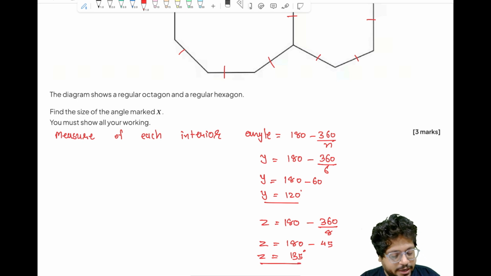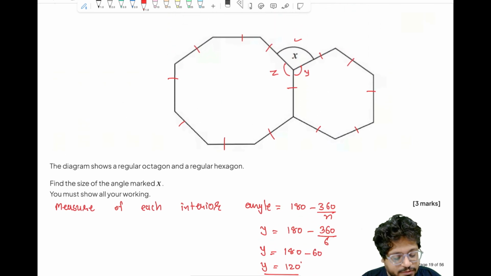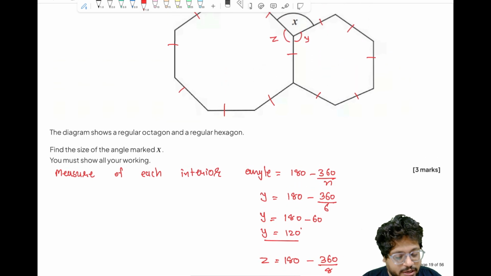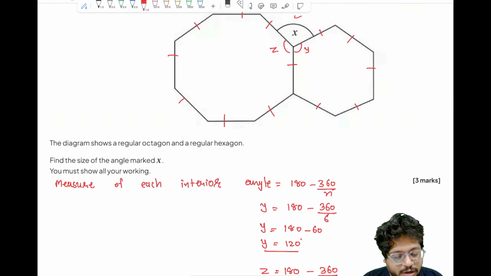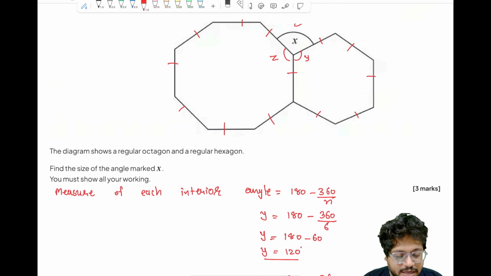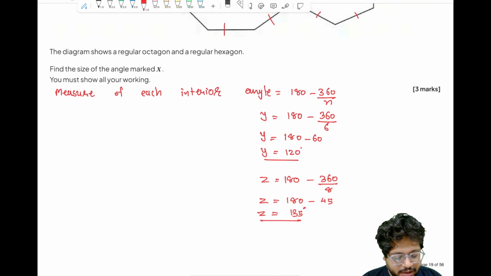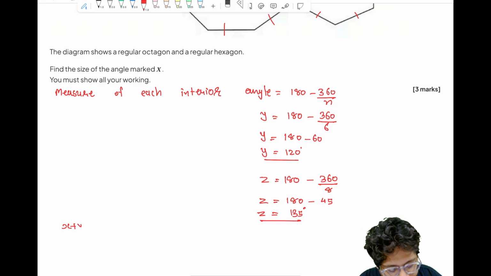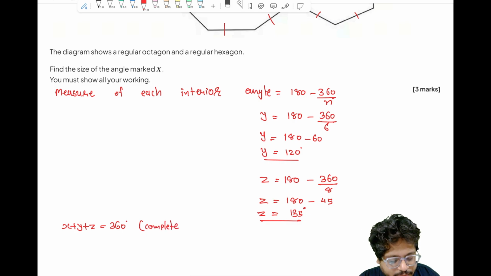Now we have y and z, y is 120 and z is 135. From this figure you can get an idea that x plus y plus z, the total is 360 here, because they form a complete angle. So let's use x plus y plus z is equal to 360. Reason is complete angle. So x plus 120 plus 135 is equal to 360.